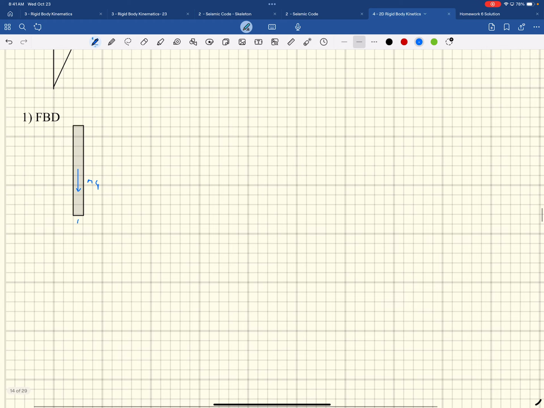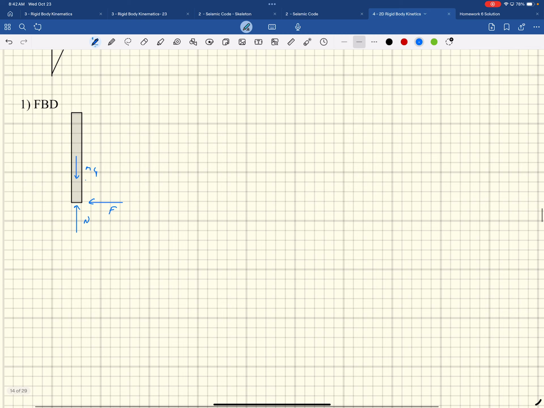I've got a normal force acting up. I'm going to have friction resisting that. I'm going to have a 400 Newton force applied at 0.5. And that should be everything.